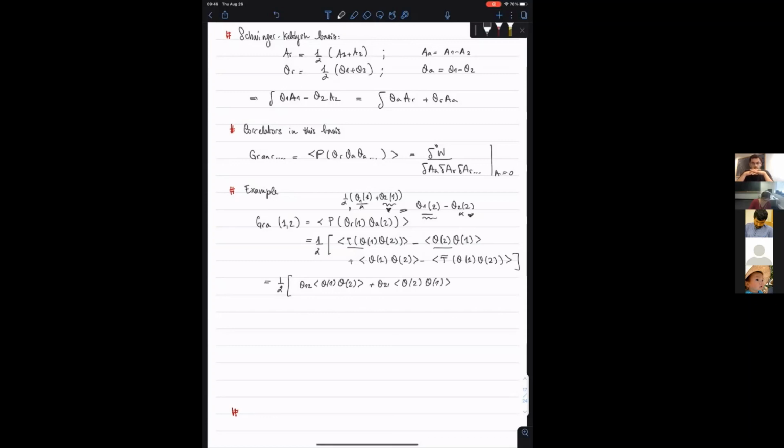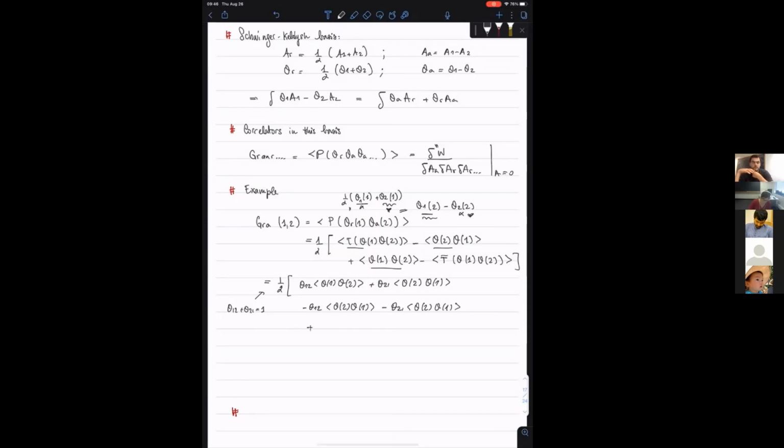So then this one is unchanged, but I can insert an identity, which is θ(1,2) plus θ(2,1) equal to 1. So I will rewrite this term as this, minus θ(2,1), O2, O1.